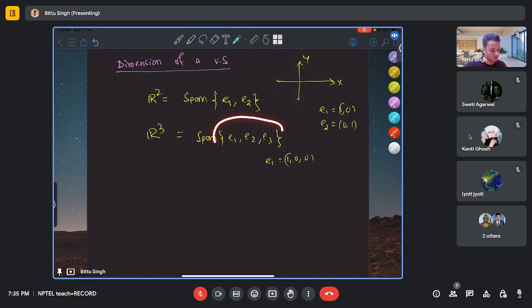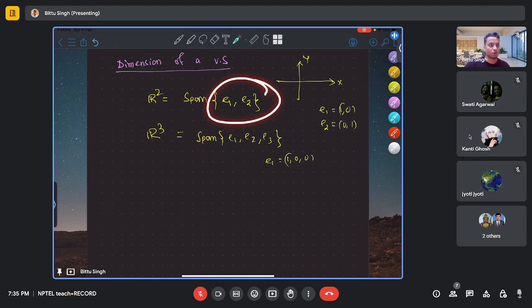For R3, this is the minimal number. You cannot reduce those three elements to any fewer, two or one, because then you will not get the whole R3. You will get a plane or a straight line. Those will be subspaces. But you cannot reduce this number.